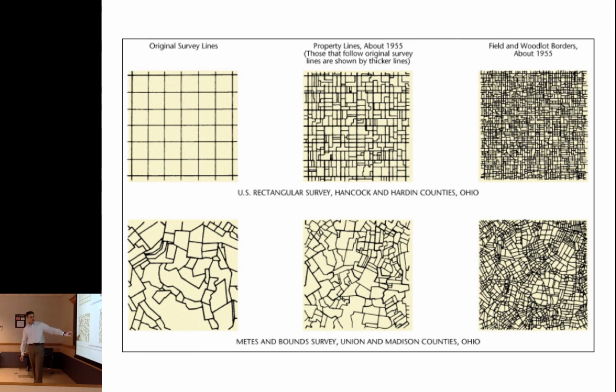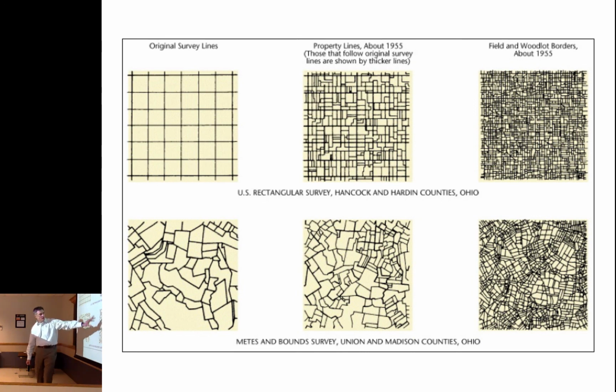In the original 13 colonies, you have the older system of metes and bounds, in which property lines were established using landmarks like trees and boulders and rivers. In fact, it still exists like this, although it's a little easier with GPS these days. So those boundaries were initially set using landmarks.